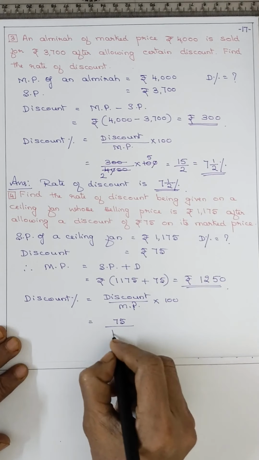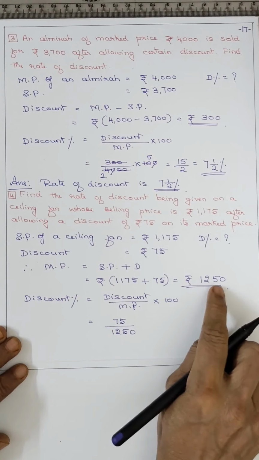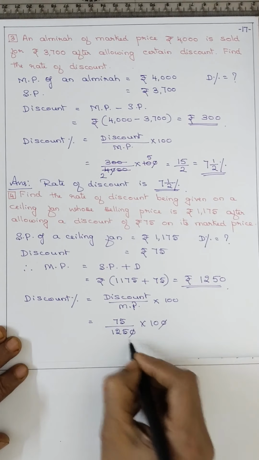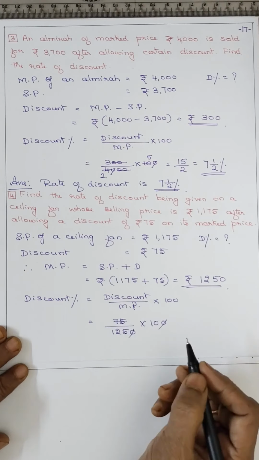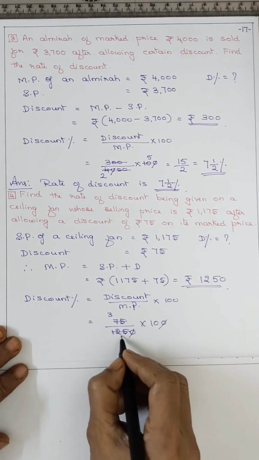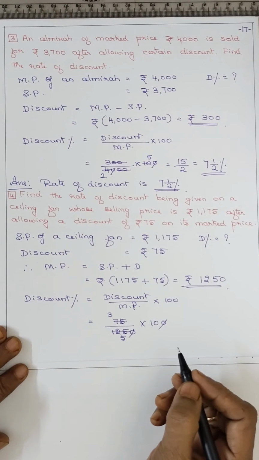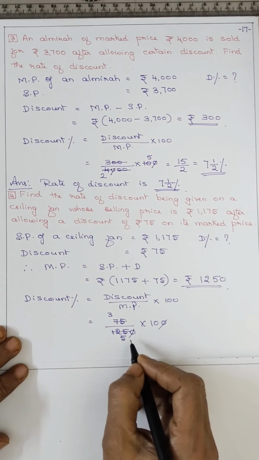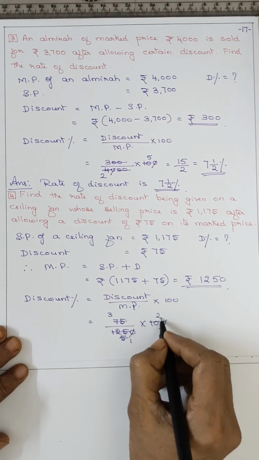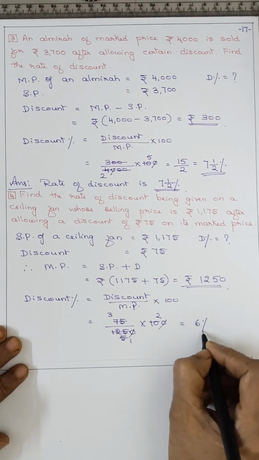MP is 1250 into 100. 0 0 cut. Now you know 25 3s are 75, 25 5s are 125. So 5 1s are 5 2s are 10. So 3 2s are 6%.